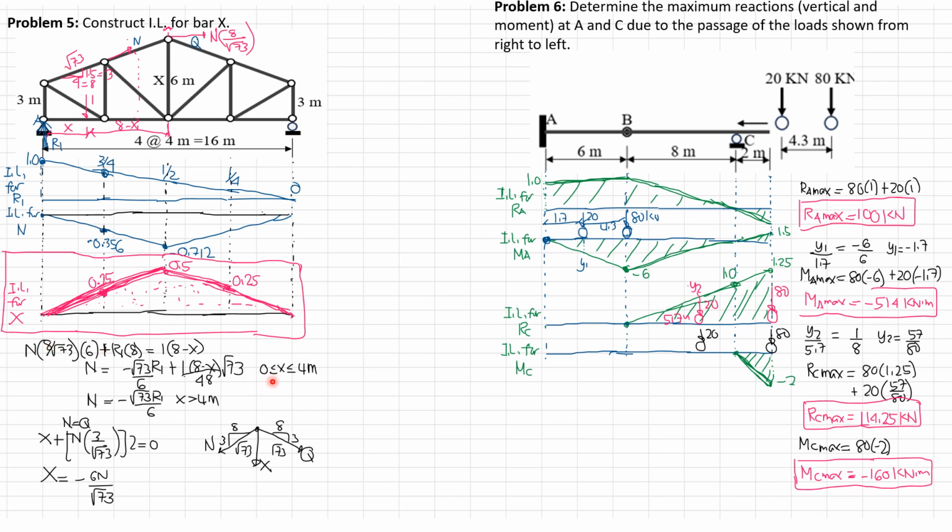So this is applicable only for the free body diagram 0 less than or equal to x less than or equal to 4. So the unit load should be up to here only, up to 4 meters.